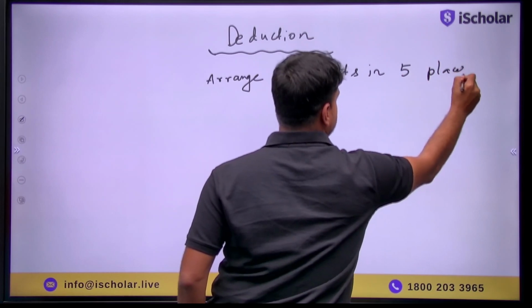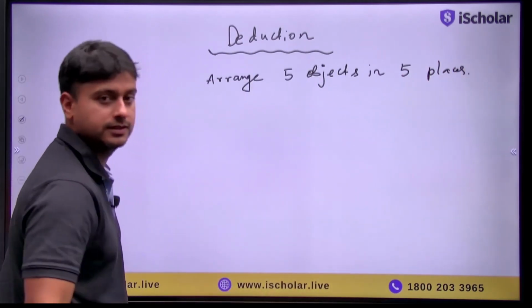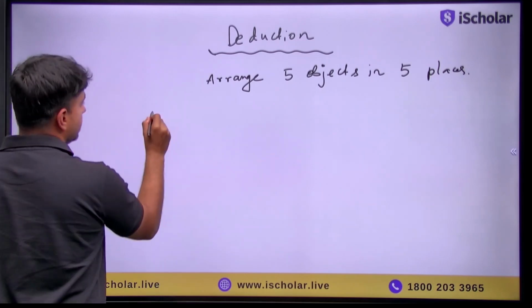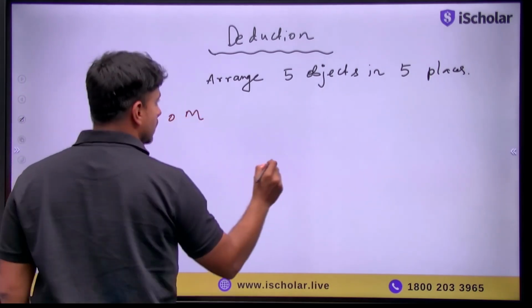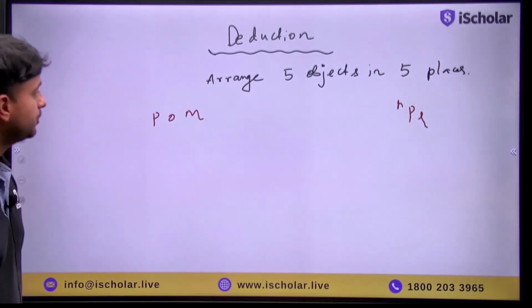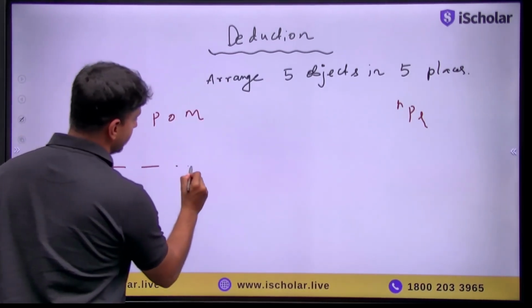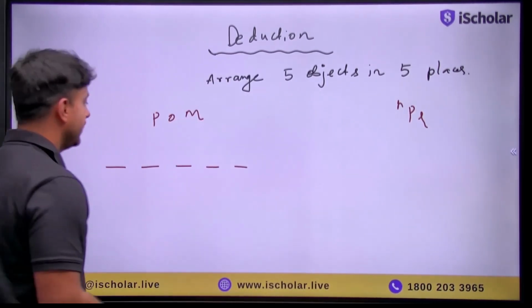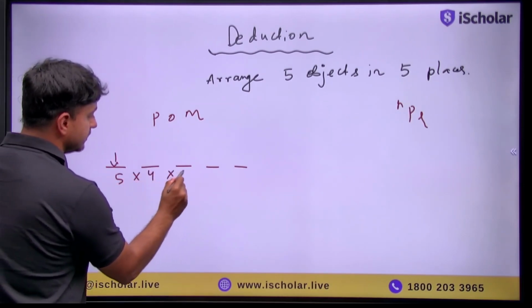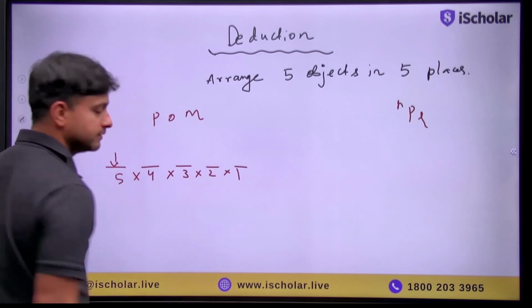Some people can use the principle of multiplication, correct? Or you can use the NPR formula. The principle of multiplication will say we have 5 places and 5 objects. So the first place can be filled in 5 ways, then 4, then 3, then 2, then 1.